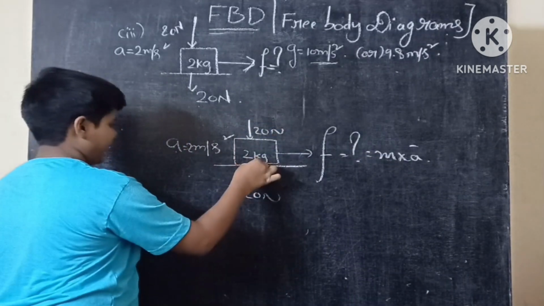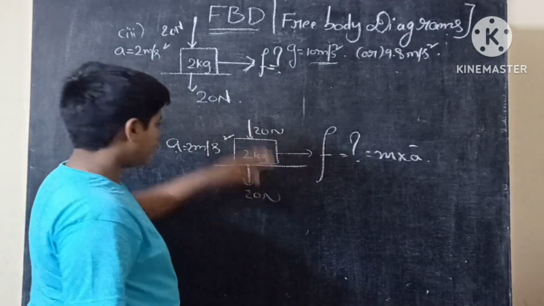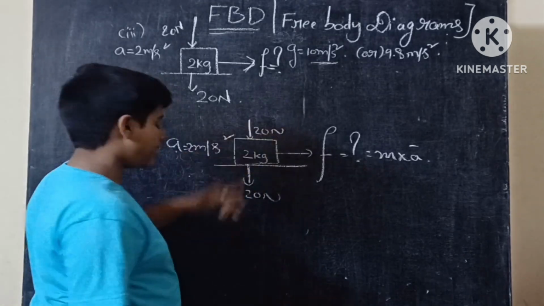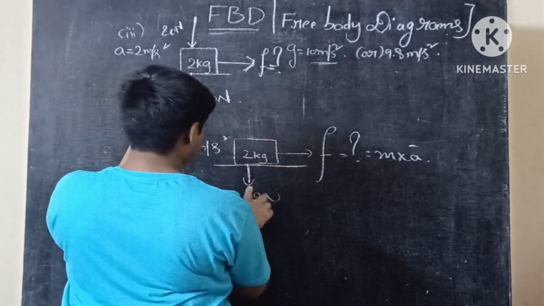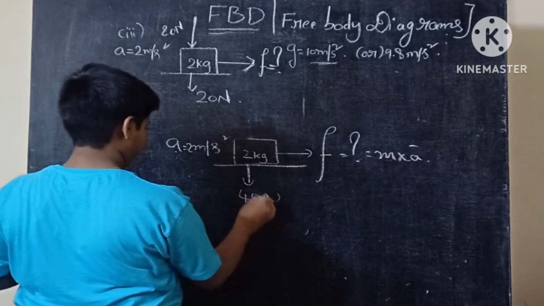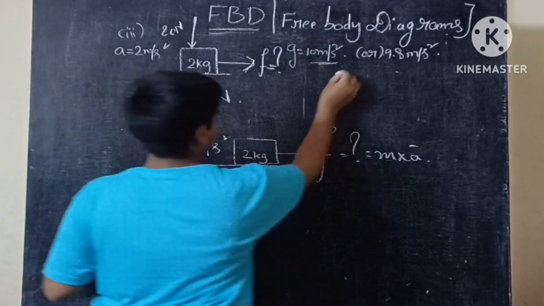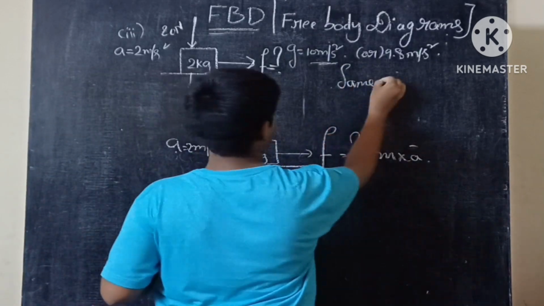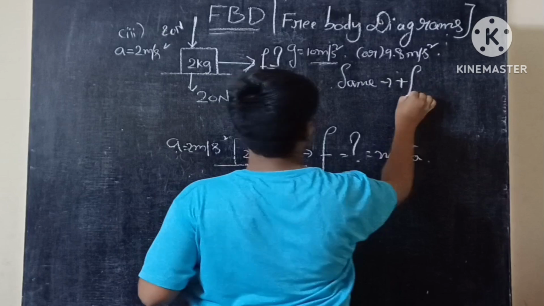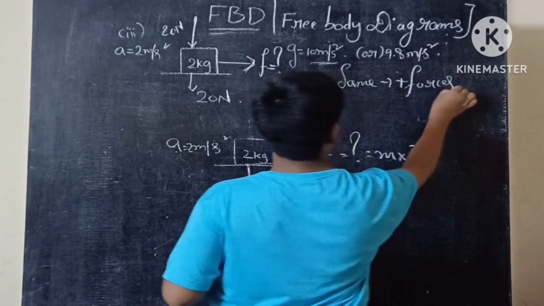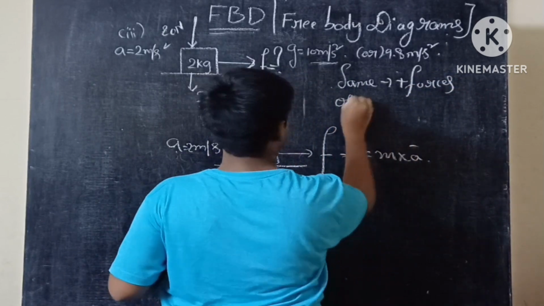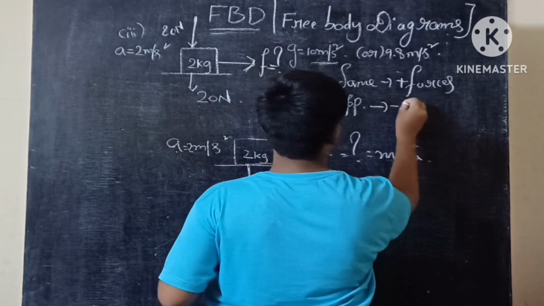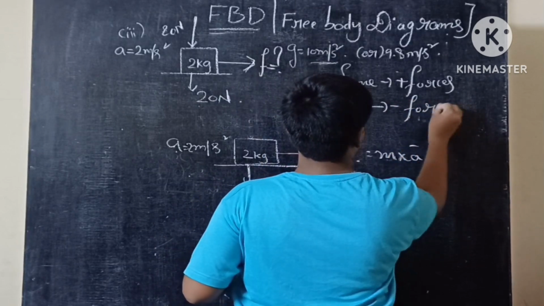Downwards 20 and here also downwards 20 means both are in the same direction. Same direction means we can say 40 newtons. Very important point: same direction means we have to add the forces.